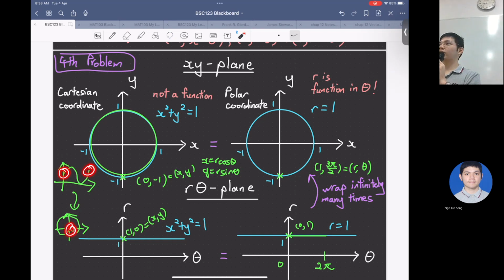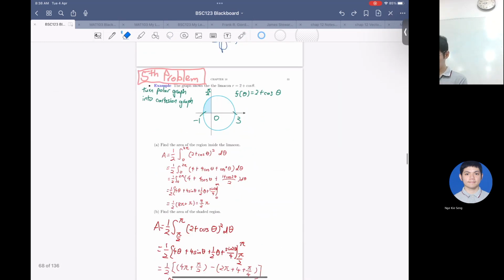Can you recall? Okay. So why does it get identified? Because cos is periodic. Cos 0 is the same as cos 2 pi. Okay. Yeah, please do more examples, tutorials, and then let me know any issue you encounter.